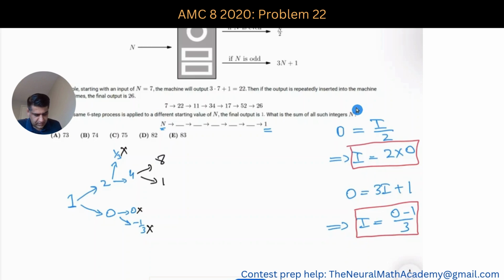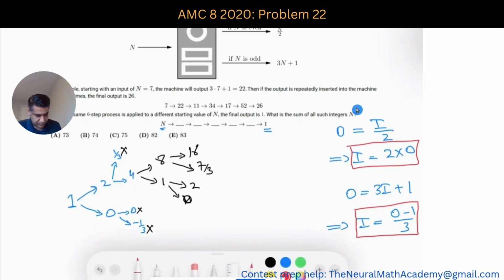In the next step, if I apply again, I get 16, and then I get 7 over 3, and for 1 I have 2, and I have 0. So this is again not possible. So I will keep these two.